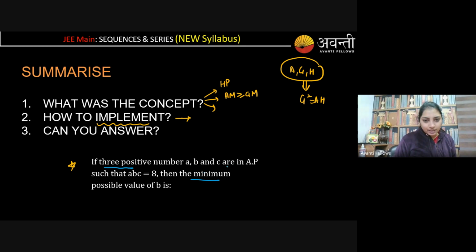If the numbers are in AP, then you can say how to solve this question. Can anyone answer this question?